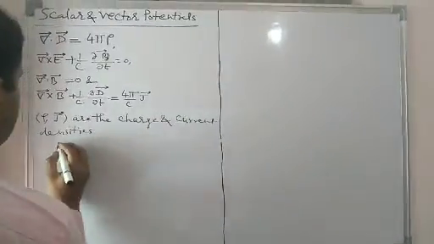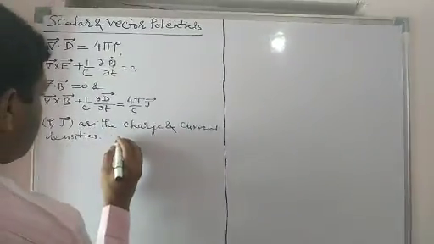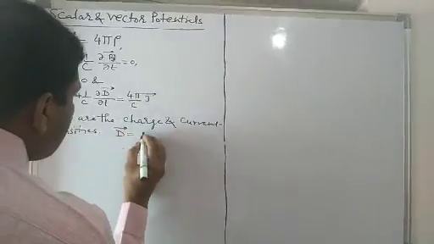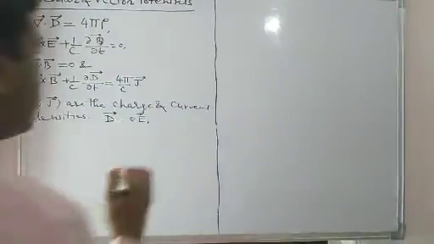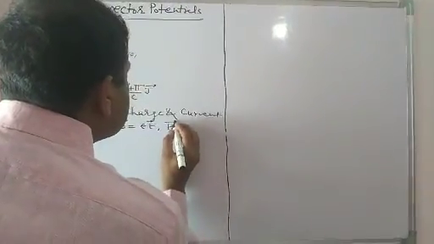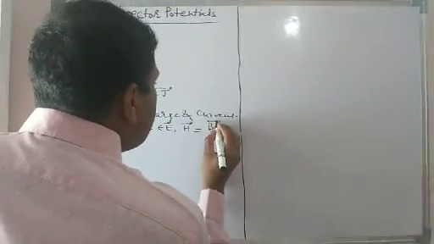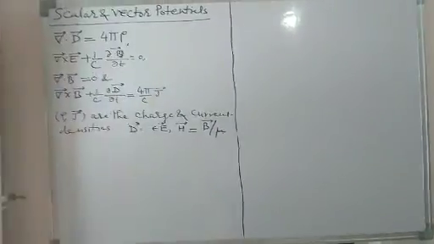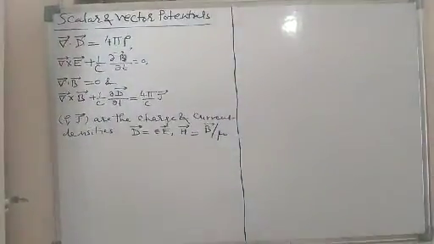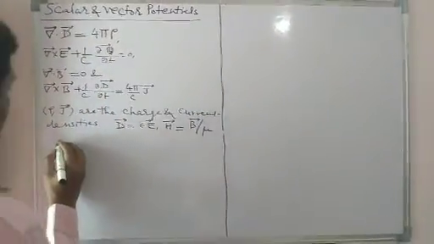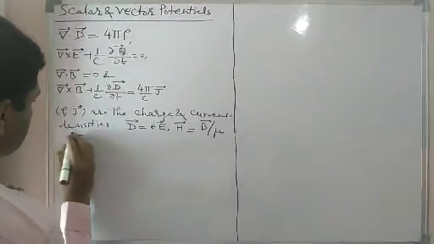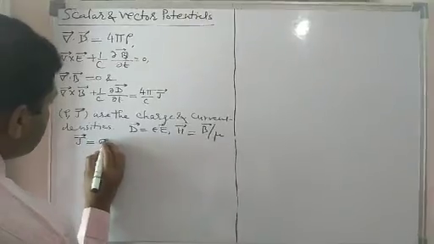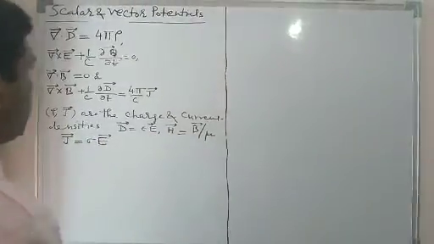D is epsilon times E, where epsilon is the permittivity. H is B by mu, where mu is the permeability of the medium. And other than these things, we had another interesting relation: J is proportional to sigma E, which is Ohm's law.